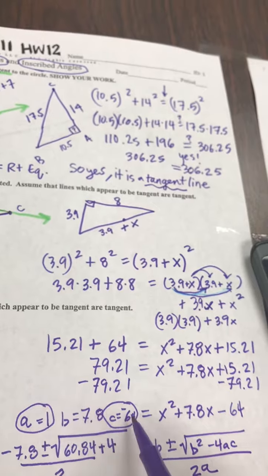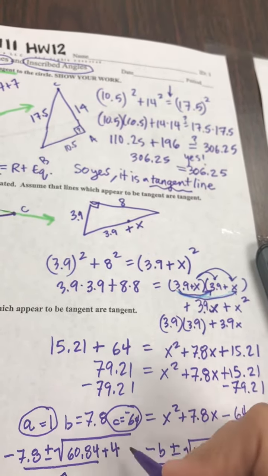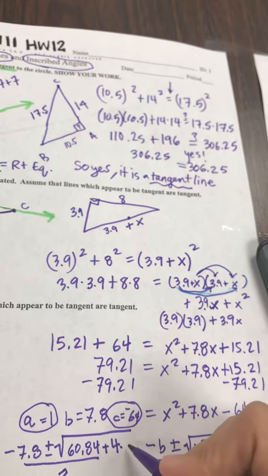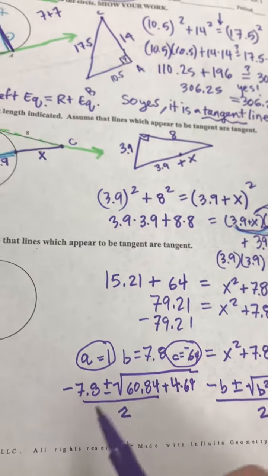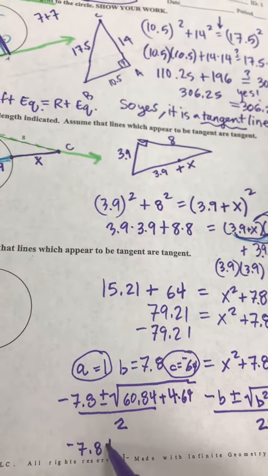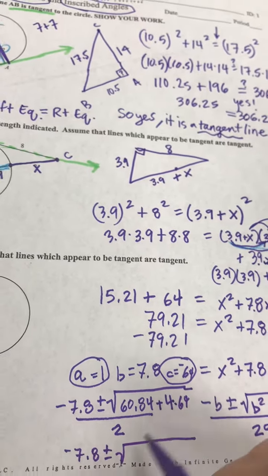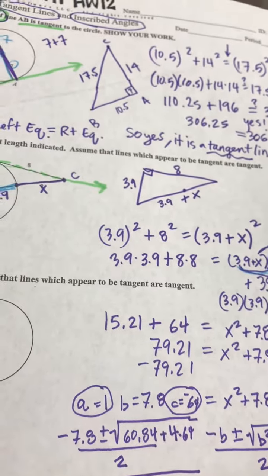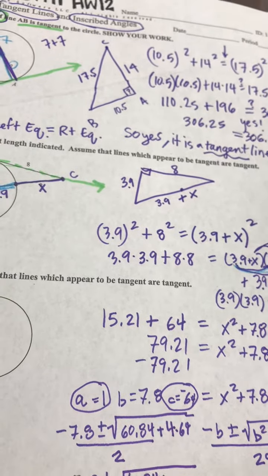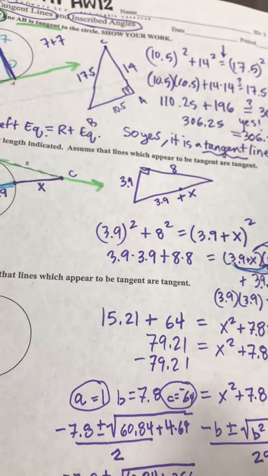So 4, and then a, and then c. So 4 times 1 times another 64. Okay, so I've got to clean that up a little bit, but we'll keep going. So 60.84 plus 4 times 64, because that's 4ac, so 256.